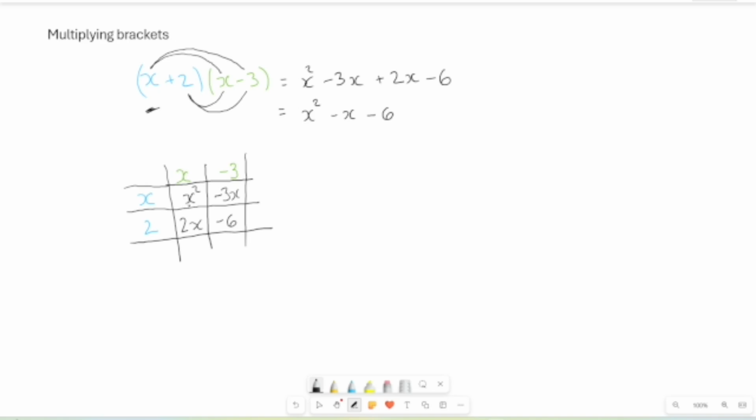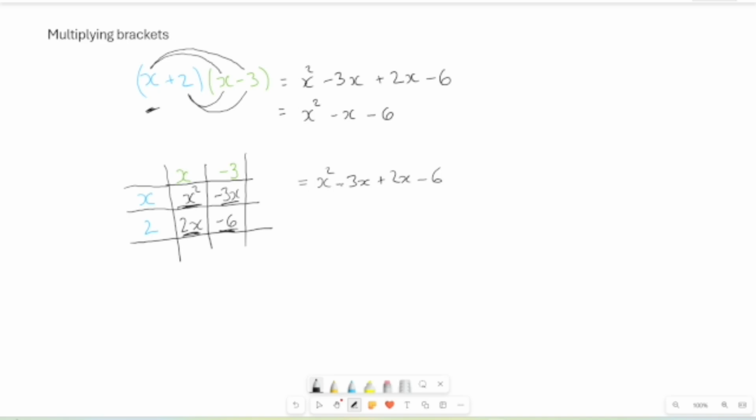And now what we do is we go through and extract the contents of the cells and we write them out at the side. We've got x squared, that comes from there, minus 3x, that comes from there, plus 2x from there, so let's write that in, and minus 6 from there.